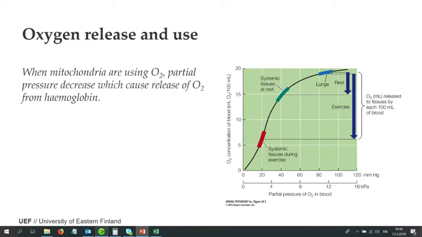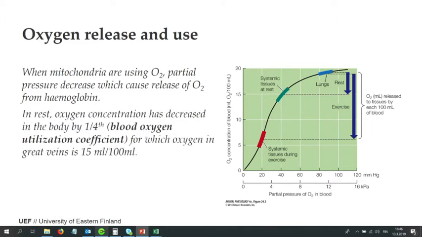And this causes that in the resting cells or resting animal, we have used maybe 1/4 of the oxygen that we are carrying. So partial pressure is somewhere between 4 and 5, and the concentration of oxygen is now in the large veins maybe 50 milliliters per 100 milliliters.